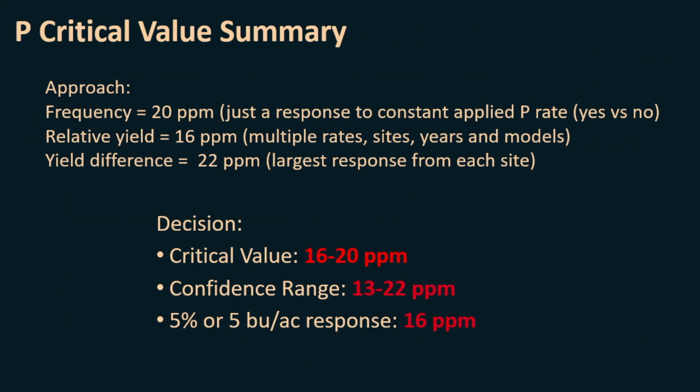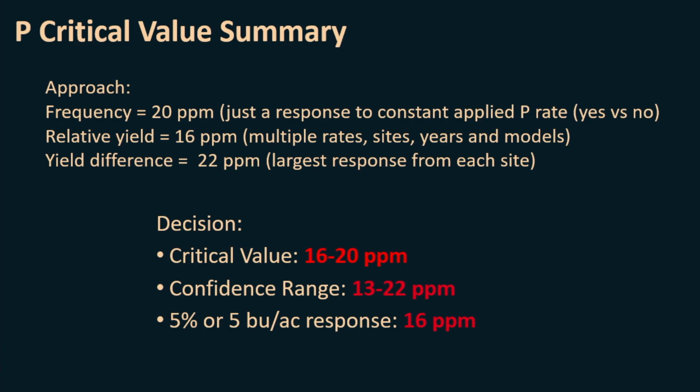So the critical value approach could be that. If we summarize these, the frequency approach was 20 ppm, the relative yield was 16 ppm, and the yield difference approach was 22 ppm. So the decision he's made is it's still 16. He can't fault you for going to 20.